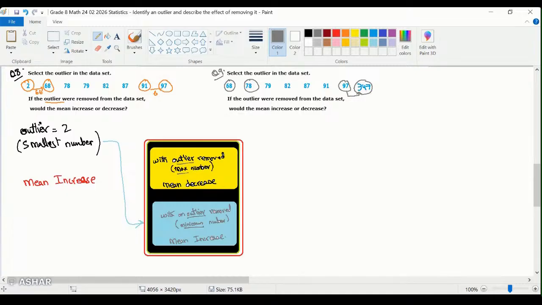And we can say the outlier for this question is 347, which is the maximum number, the greatest possible number. Perfect. Job, what will happen to the mean in question number 9? Will the mean increase or will the mean decrease? If the outlier is a maximum number, what should happen to the mean?